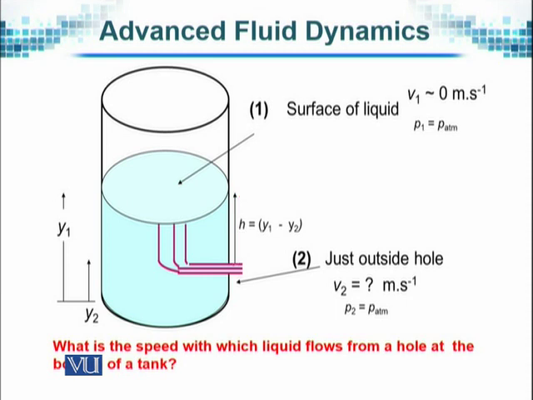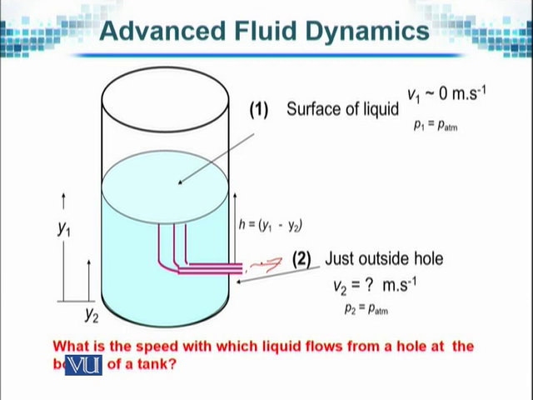Just outside there is a tap. When they open the valve here, the water is supposed to flow. And the question, shown in red at the bottom, is: what will be the velocity at the hole at the bottom of the tap?